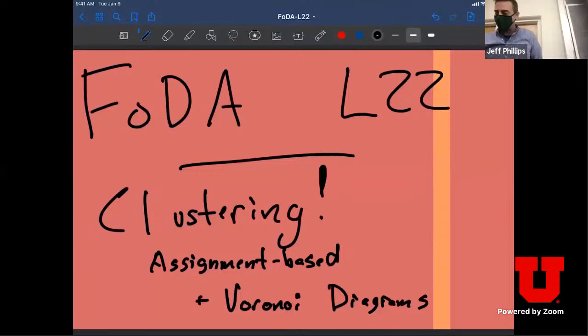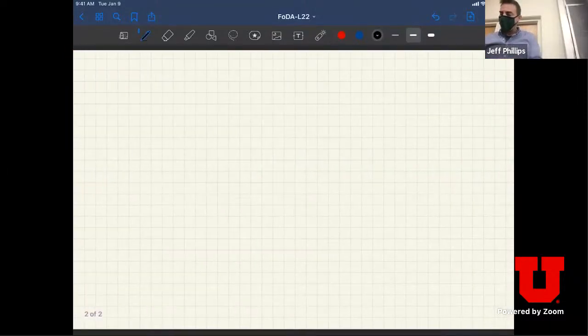So clustering. We talked about the mean as the initial thing very early in the semester, and we'll come back to thinking about the mean as representation. But otherwise, two other analysis techniques: we talked about regression and we talked about dimensionality reduction.